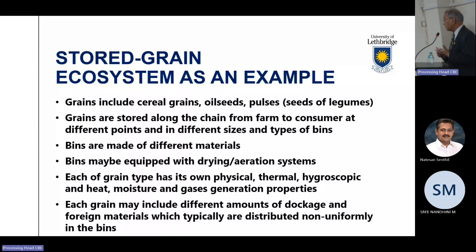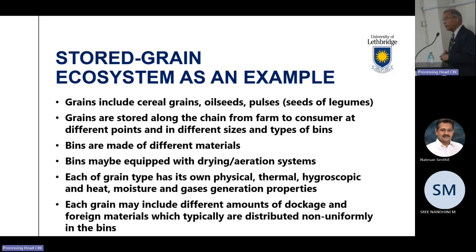It could be wood, concrete, steel, or even plastic. Some bins are equipped with drying and aeration systems. Each grain type has its own physical, thermal, and hygroscopic properties. They all produce different amounts of heat, moisture, and gases when they spoil. So each grain has its own properties.